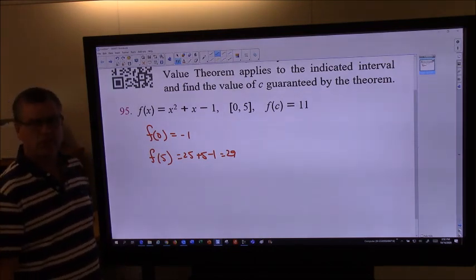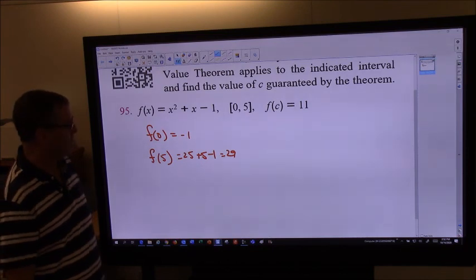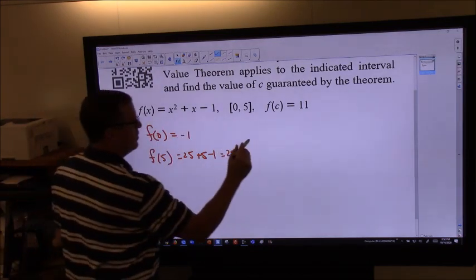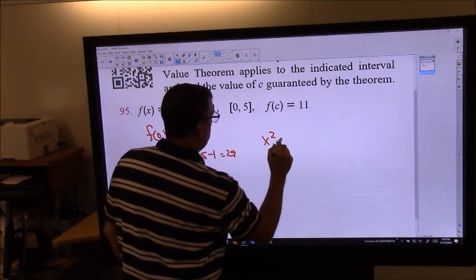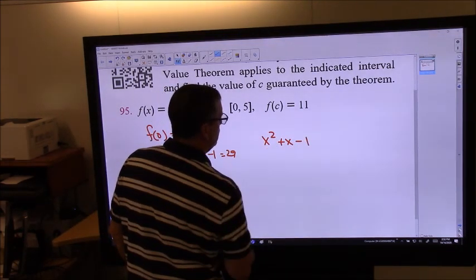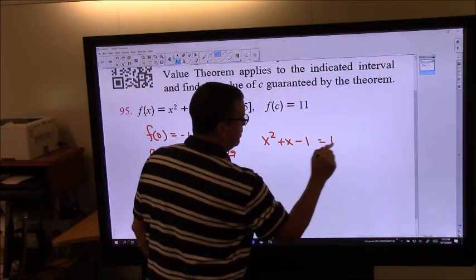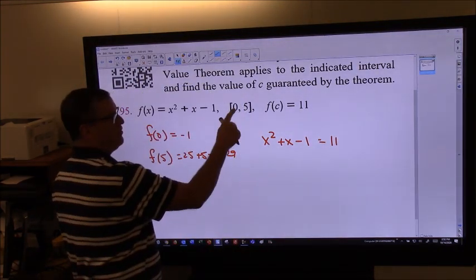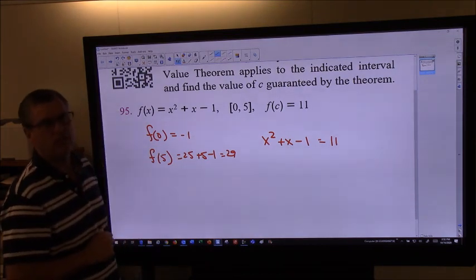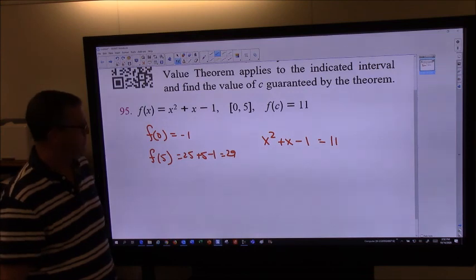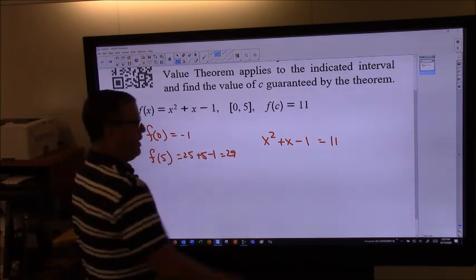And so now that's the question we have to answer is, where is that value? Okay, well, here's my function f of x, x squared plus x minus 1. I want to know, where does that equal 11? And I better get an answer inside this interval, because if I don't, then this intermediate value theorem isn't really true. So I'll set this equal to 0.